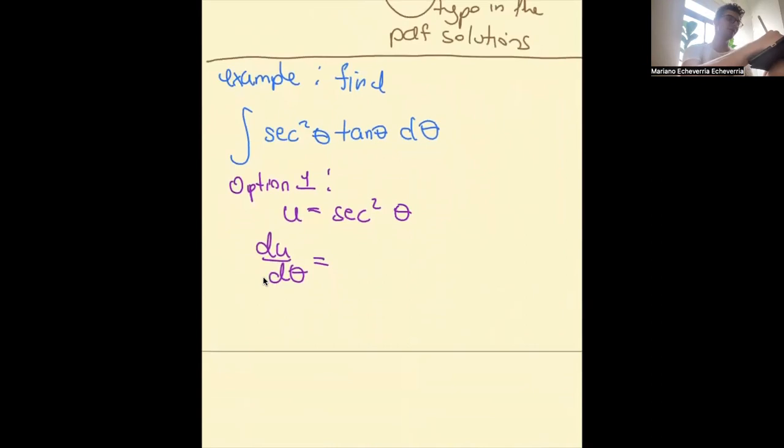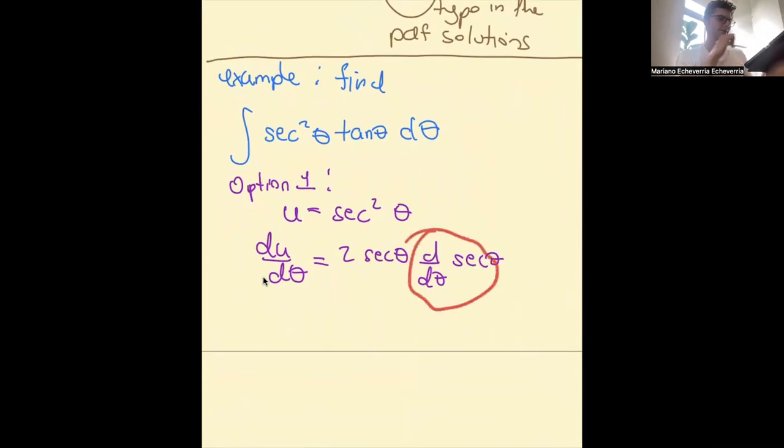So the derivative of this is 2 secant of theta times the derivative with respect to theta of secant of theta, because you have to use the chain rule, right? But it's not going to be tan, because what was the derivative of secant?